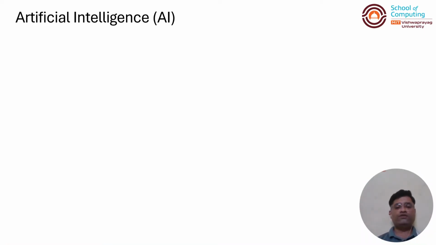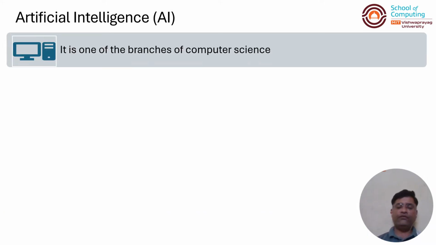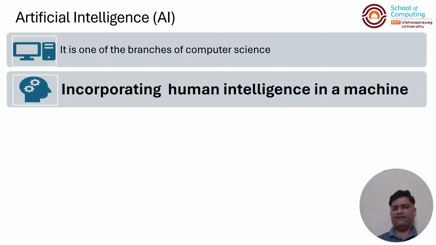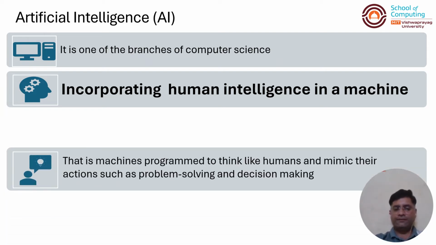Now we will proceed to artificial intelligence. Before the definition of artificial intelligence, AI is one of the branches of computer science. The simple definition of AI is incorporating human intelligence in a machine. I repeat, incorporating human intelligence in a machine.